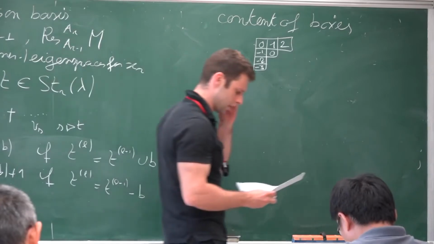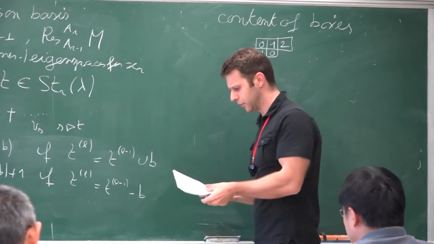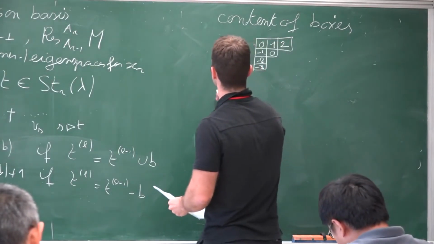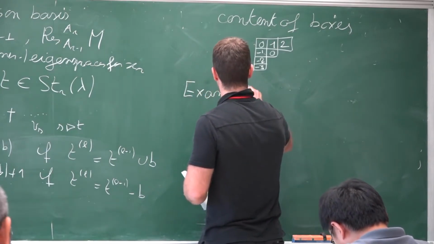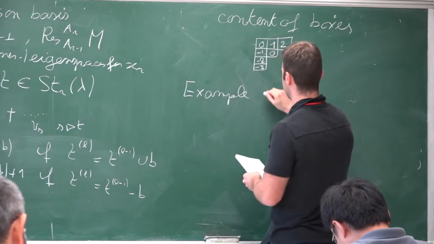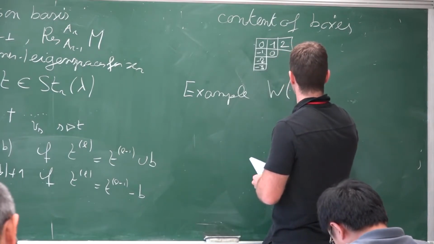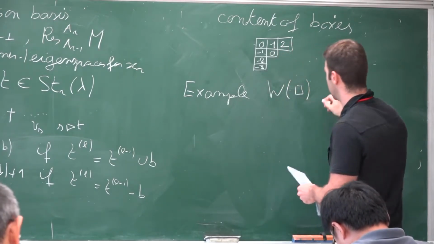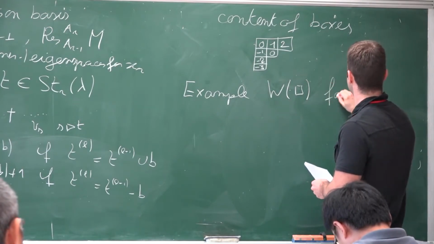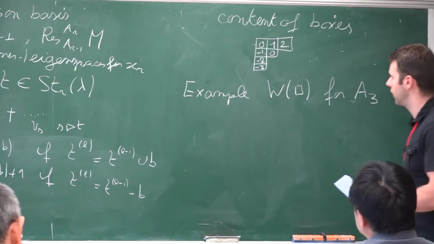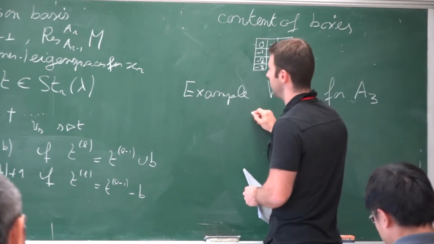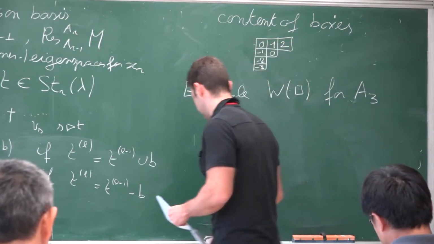So maybe we can do an example of this principle. If we look at the cell module for the partition 1 for the algebra A3. So the possible paths in the Bratteli diagram, I still have it over there.